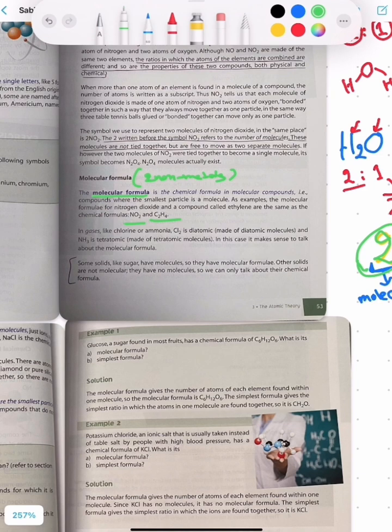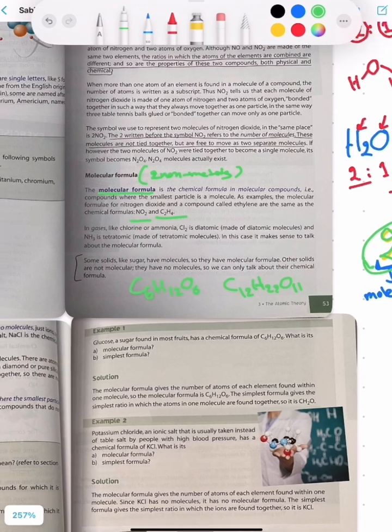Sugar is another compound with a molecular formula, C6H12O6, C12H22O11. All of these are compounds with molecular formulas because they have molecules.